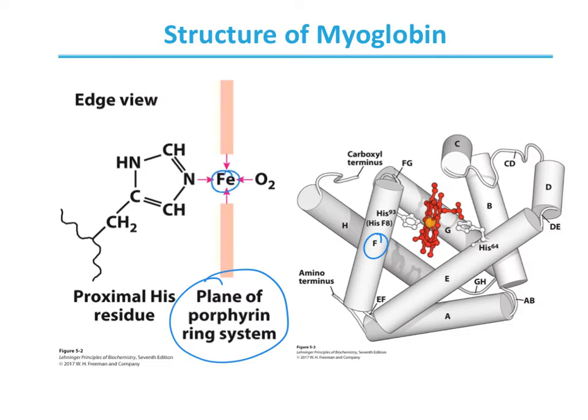That final spot is where oxygen is going to bind. So notice in this figure where the heme is located, it's essentially in the pocket made up largely of the E and the F helices. And incidentally, about 70% of the amino acid residues in myoglobin are found in the helices.